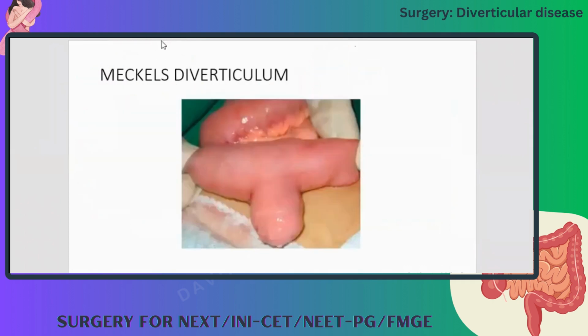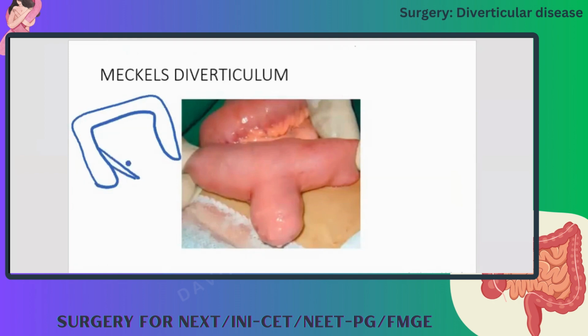See, suppose this is the large bowel. One side is attached to the mesentery. This is the mesentery. So it arises only on the anti-mesenteric border. True diverticulum means all layers of the intestine, all layers of that part, are outpouched.